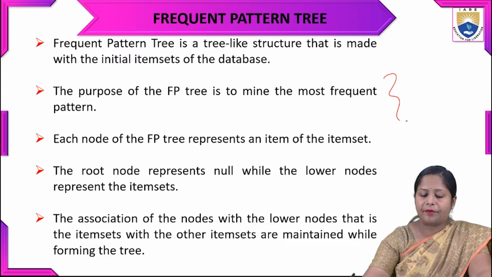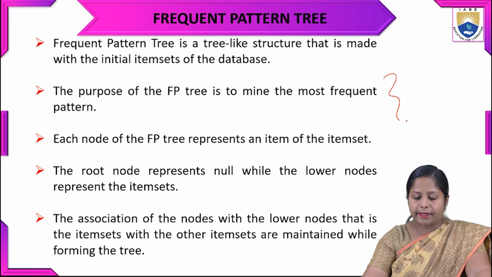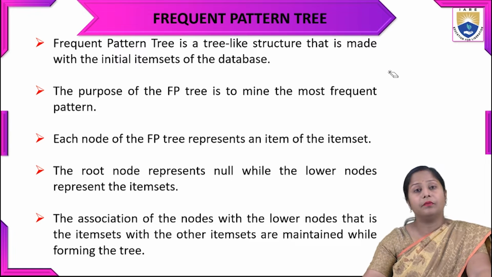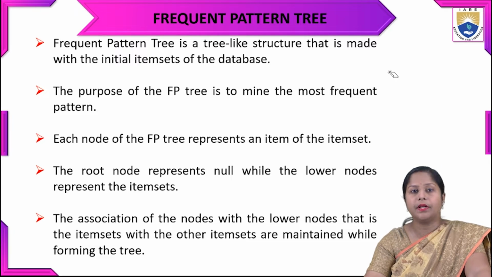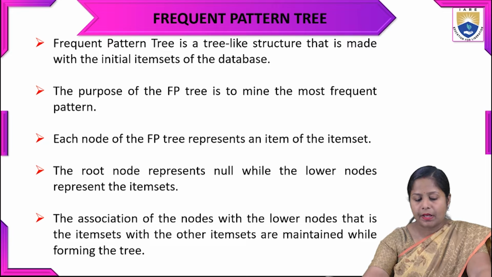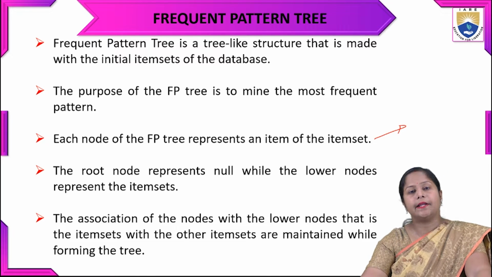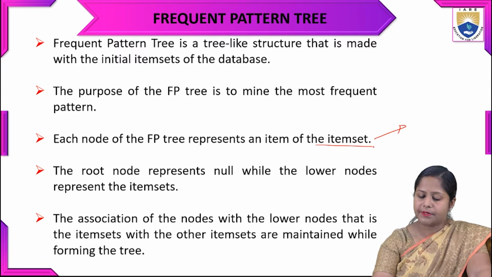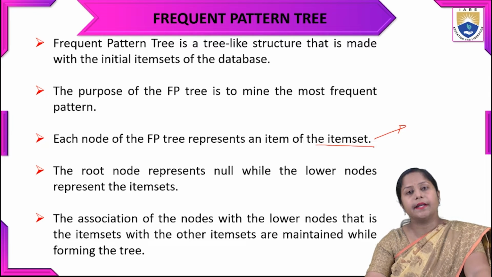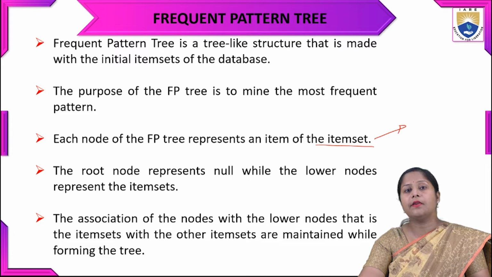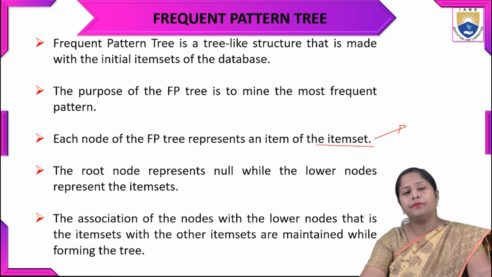The purpose of the FP tree is to mine the most frequent patterns. So when we are going to mine frequent item sets, we can use the FP tree. Each node of the FP tree represents an item of an item set. In an item set there can be more than one item, but a node shows one particular item from that item set.